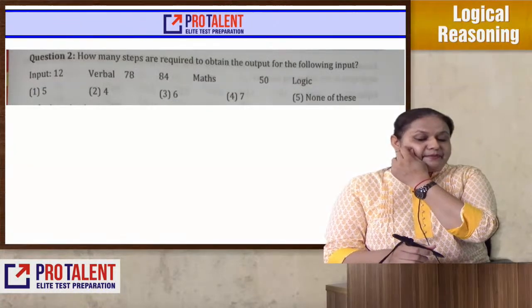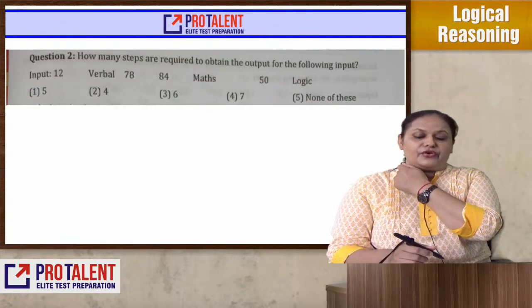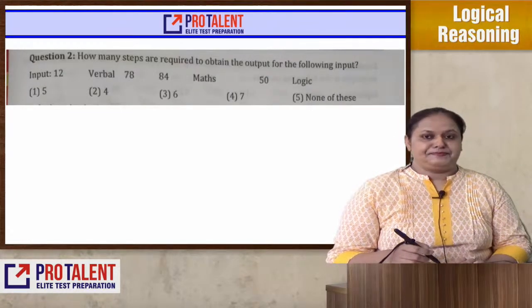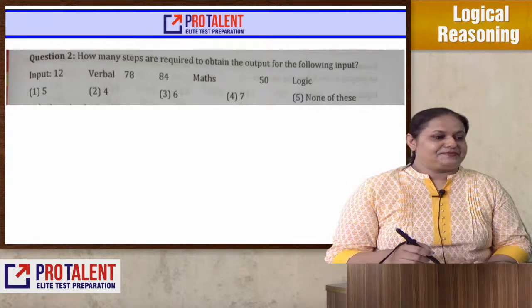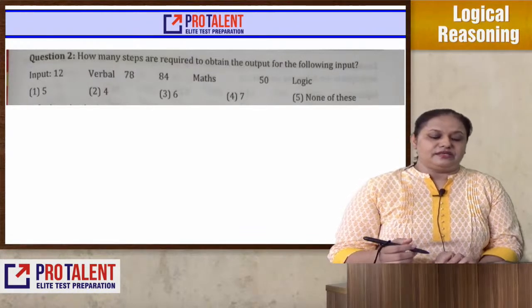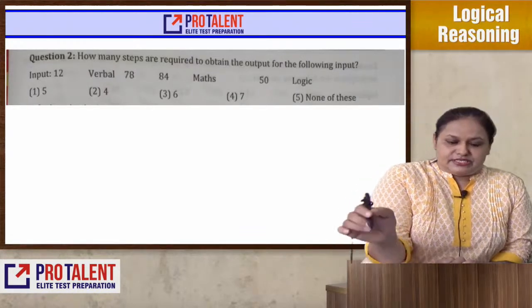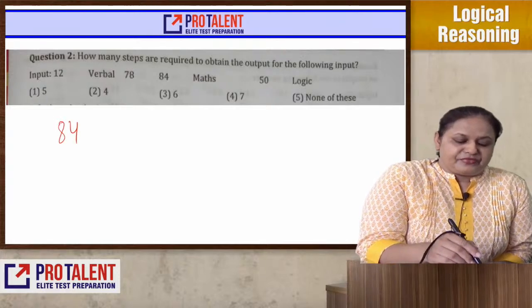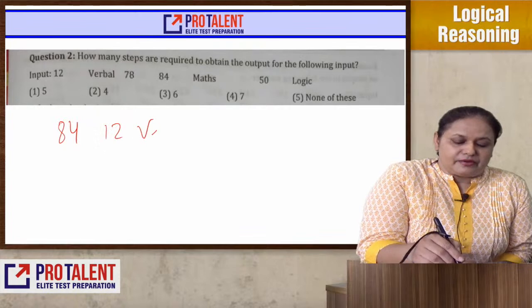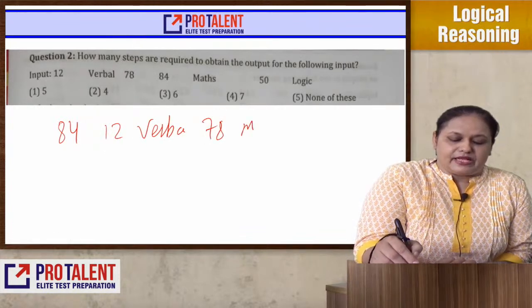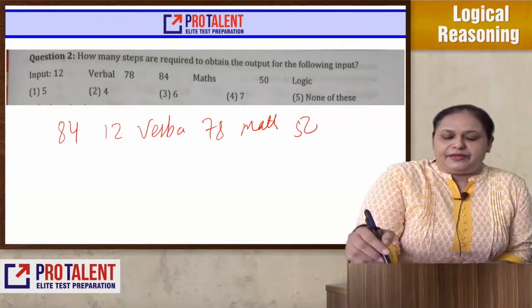So how many steps are required for the following input? Quickly give me the answer. The first step would go with the logic: 84, then 12 verbal, 78 maths, 50 logic.